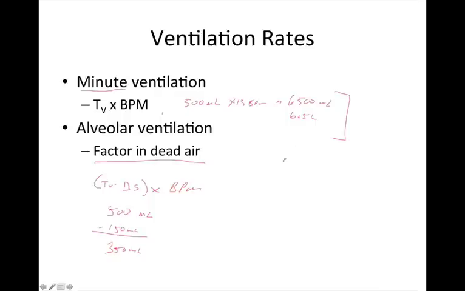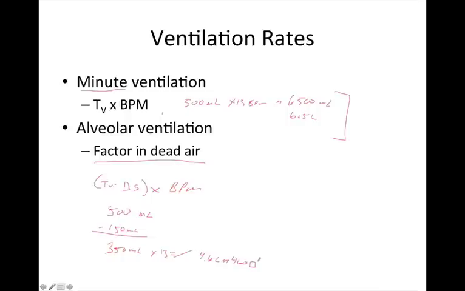And then again, if this person took 13 breaths per minute, that's going to equal about 4.6 liters, or 4,600. I rounded up because it's 4,550. That's how much air actually partook in the gas exchange process.